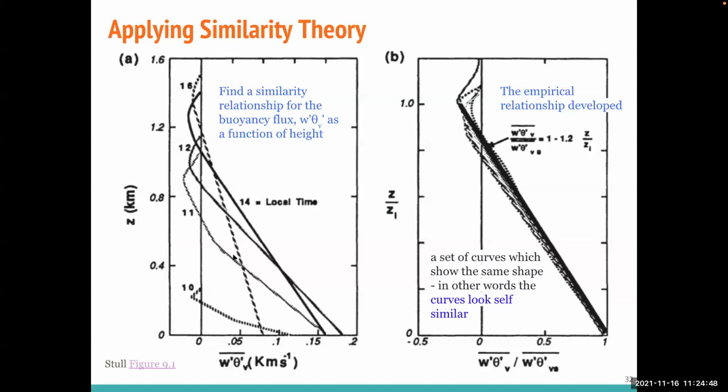These are measurements for heat flux over different heights and over different times. So if we make the height dimensionless and then we divide the whole heat flux term with the surface heat flux at that time, okay, then you can see that the lines align with each other. The empirical relationship can be developed.